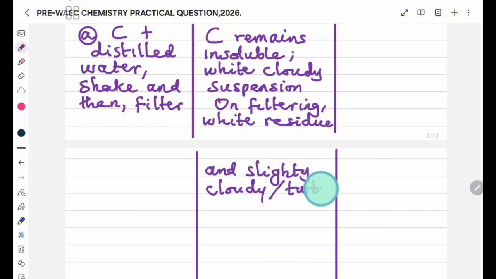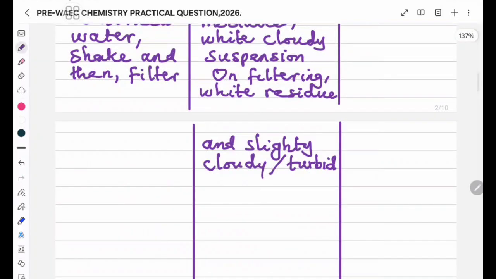Just choose a word. Make sure you maintain those key words to fully describe the filtrate and the residue. The color test, the solubility tells. These are the key words that the examiner will be expecting from you to write in your report. So, a white residue and slightly cloudy or turbid filtrate will be obtained.